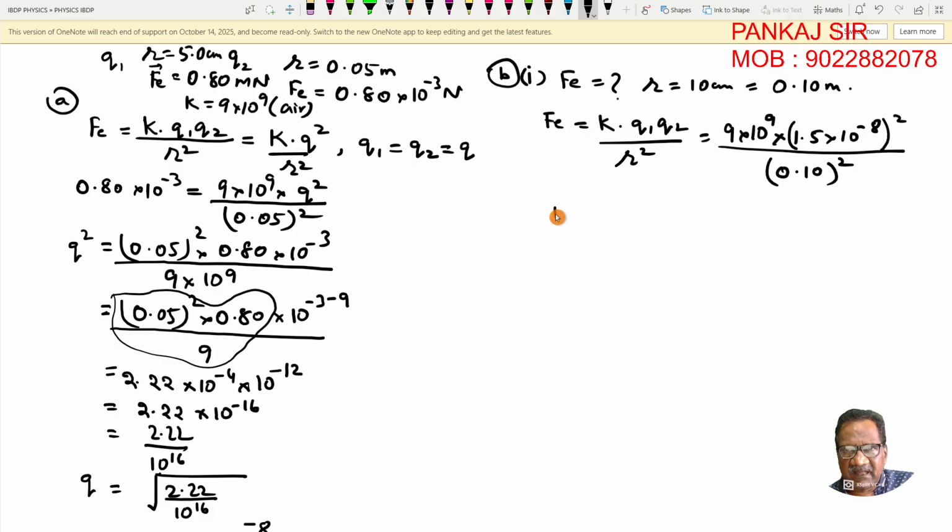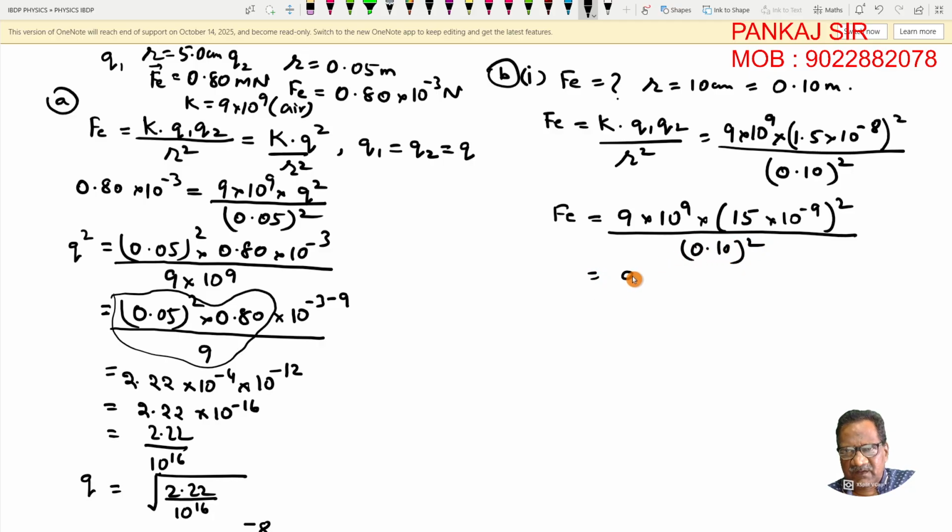Now here Fe will be equal to 9 times this 1.5 square can be written as 2.25, okay, and into 10 raised to 9. Now this whole thing, I'll do this 9 into 10 raised to 9 times, now this 1.5 I'll make it 15 into 10 raised to minus 9, this side, the whole square. Whole thing divided by 0.10 the whole square.